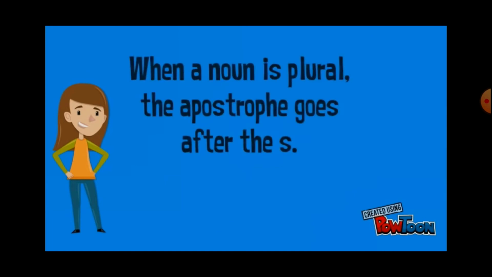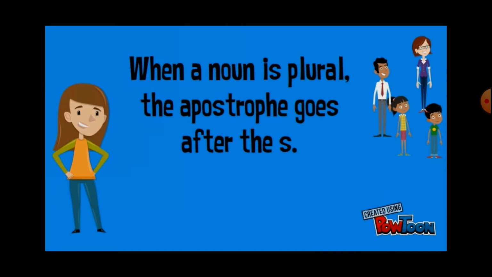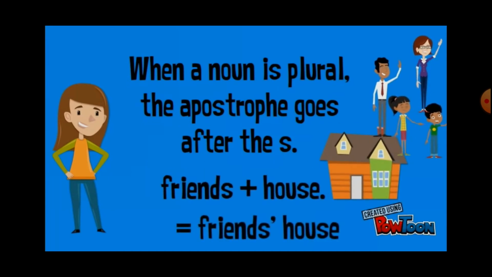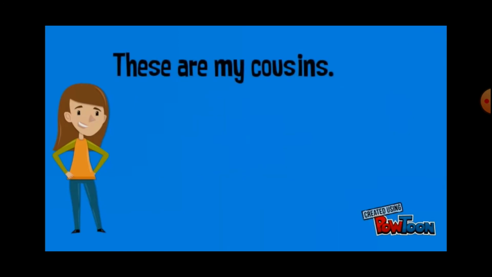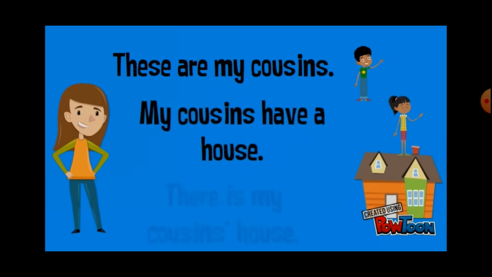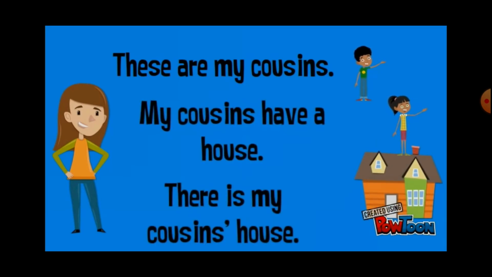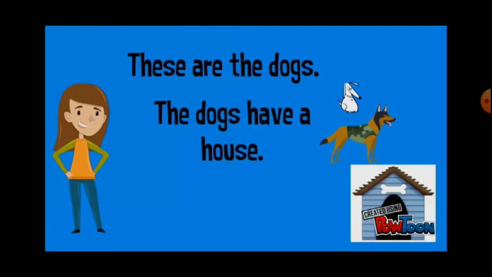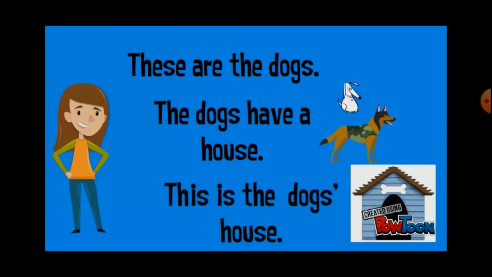When a noun is plural, the apostrophe goes after the S. Friends plus house equals friends' house. These are my cousins. My cousins have a house. There is my cousins' house. They both live there. These are the dogs. The dogs have a house. This is the dogs' house.